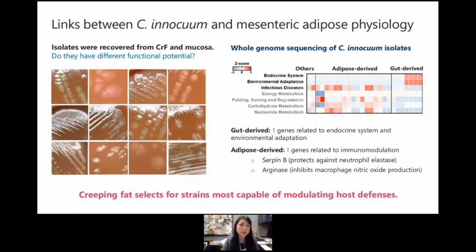What we found that were particularly of interest is that the C. inoculum that were from creeping fat have more genes that are related to immunomodulation. And so we think that the creeping fat actually selects for strains that are very capable of shaping host defenses, and maybe this is the reason why they're able to survive in the adipose compartment.